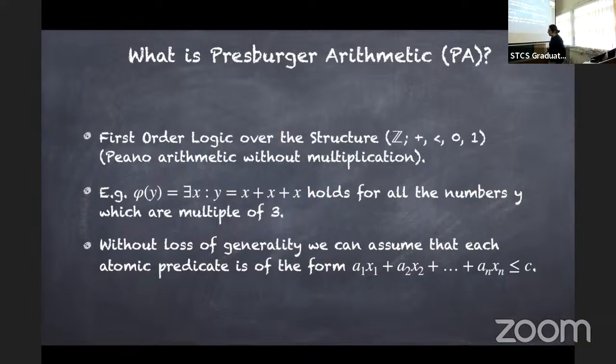Without loss of generality, from this point onwards we'll assume that the atomic formulas are of this form. Because it's integers, you can do some standard manipulation, and assume that all your atomic predicates are linear inequalities of this form.